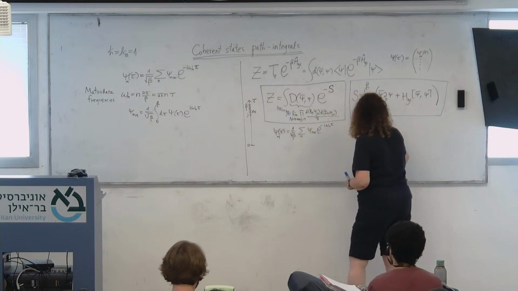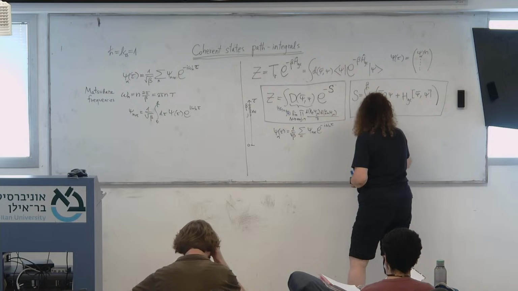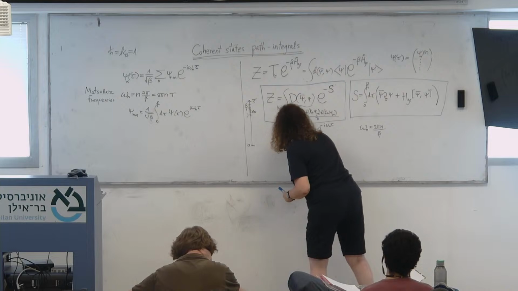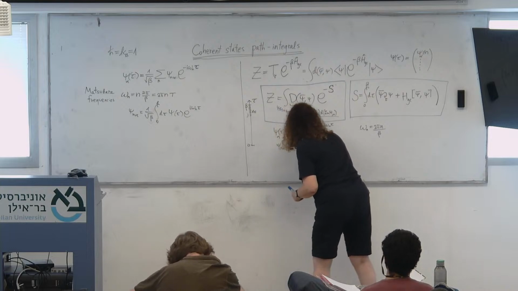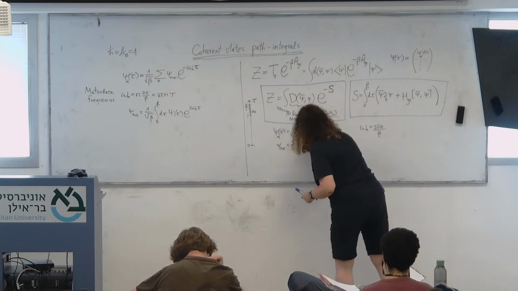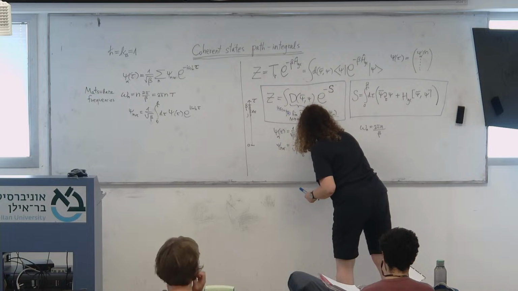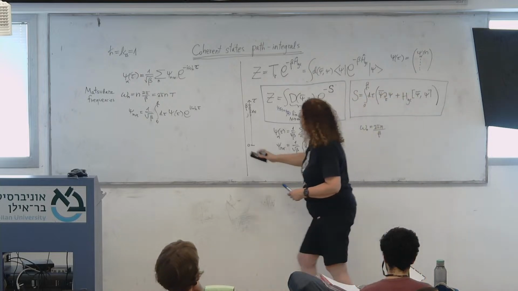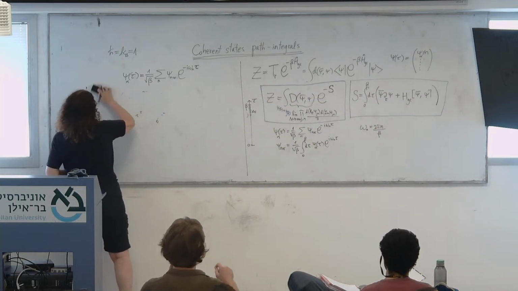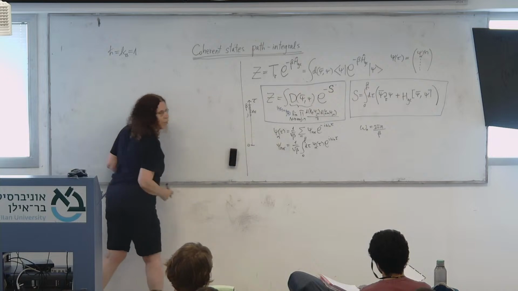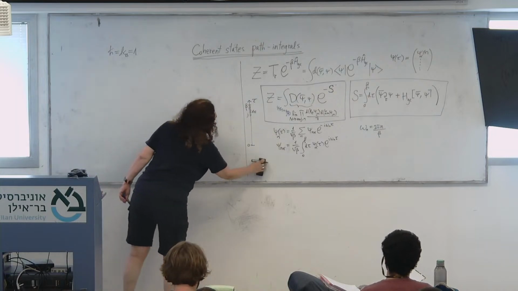Omega n is 2 pi n over beta, and psi n alpha is the integral over tau. I'm just copying it here because I want to use this for an example. Sorry that it's disorganized, but I want to keep the definitions here. Okay. All right.